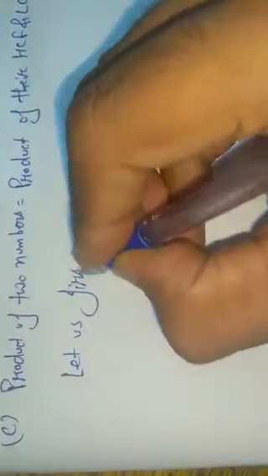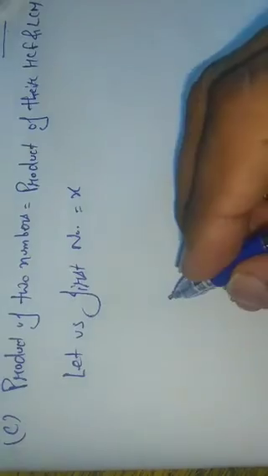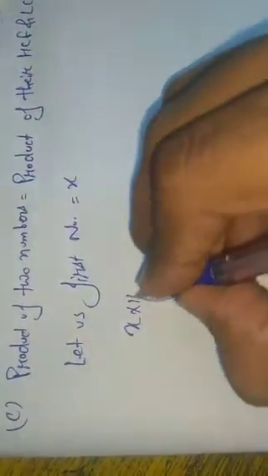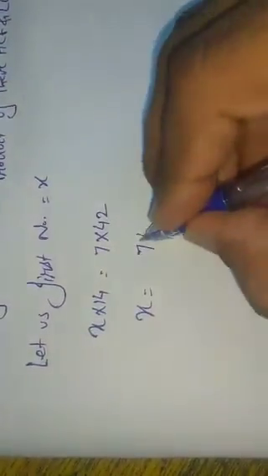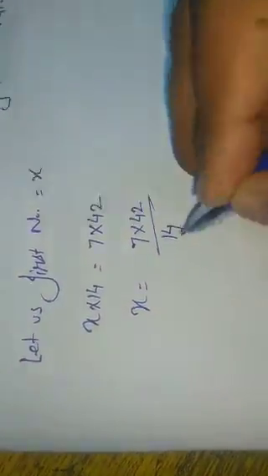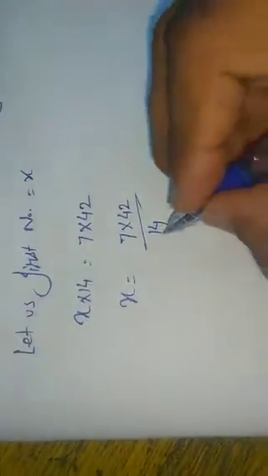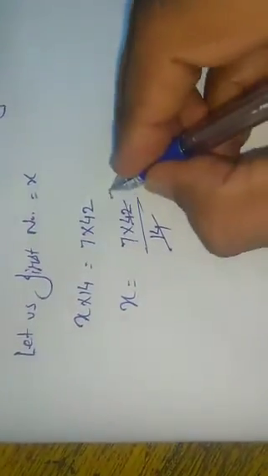Okay, so students, here the first number has not been given in the C part. Let the first number be x. Now we will put the value: x into 14, which is given as the second number, equals HCF 7 into 42, the LCM. So x is equal to 7 into 42 divided by 14. 14 3s are 42.